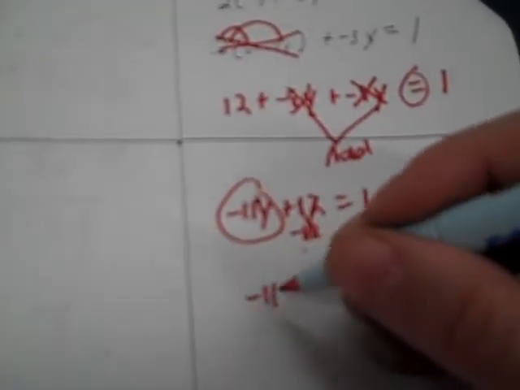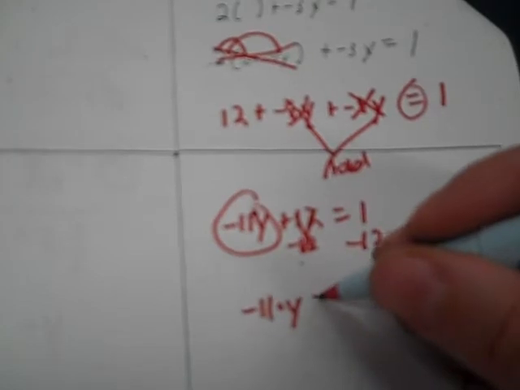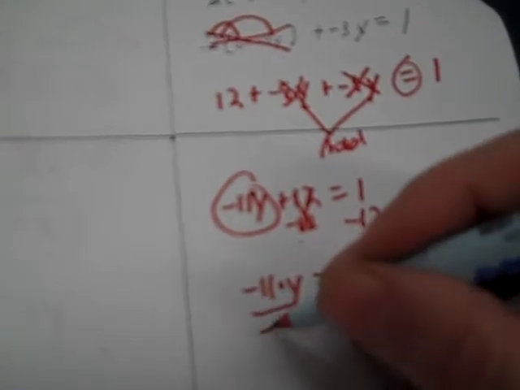So negative 11 dot y equals now, and 1 minus 12 is negative 11, okay? And now I can go ahead and divide. So that's 1. Y equals 1, okay? The letter is y, it equals 1.